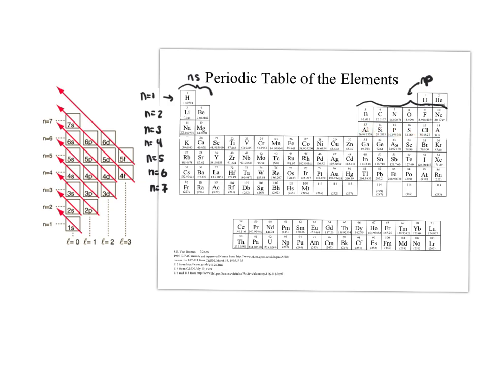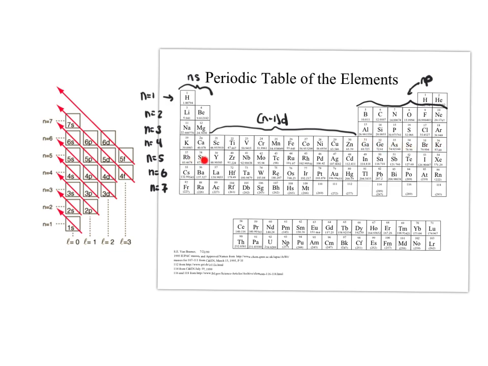Now when I go down to row 4, I still have my 4s, but now these 10 elements fill the n minus 1 d. So I go 4s, 3d, because 4 minus 1 is 3, and now I'm back to 4p.